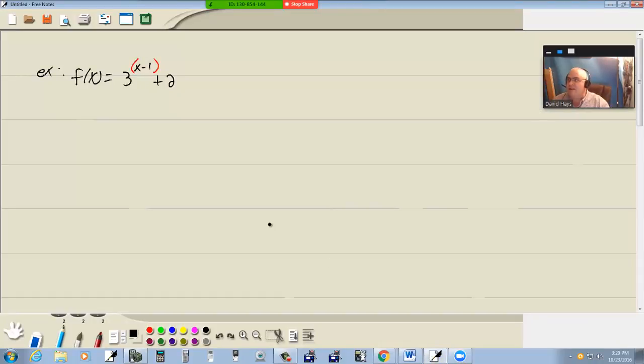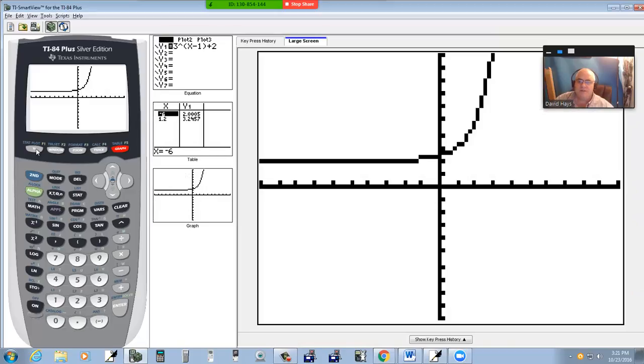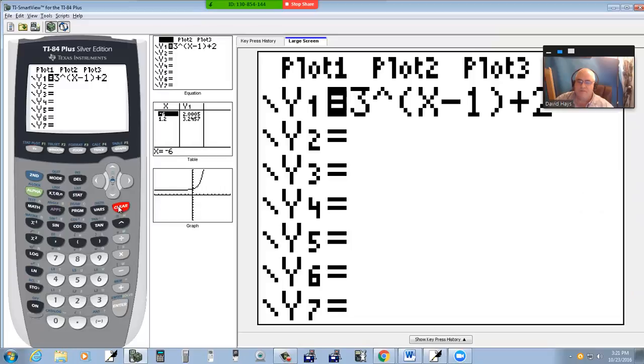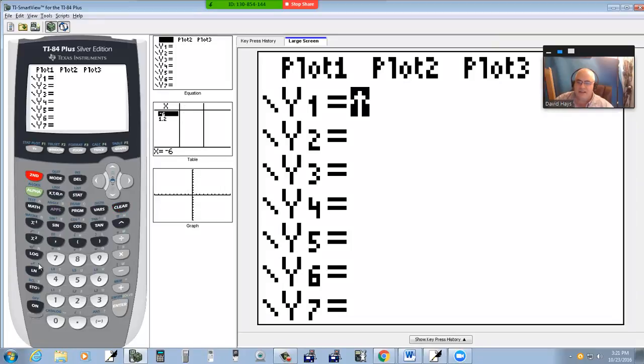Now let's take a look at an exponential function dealing with e. We've got f of x equal to e to the x minus 4, plus 1. So I go to my y equals, clear. To get e, I do second ln.